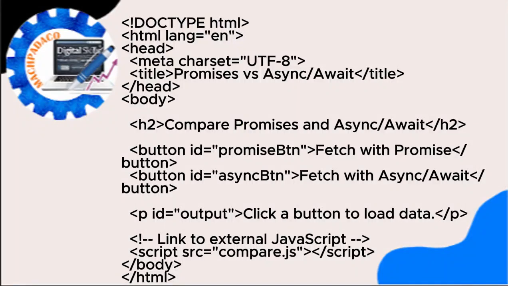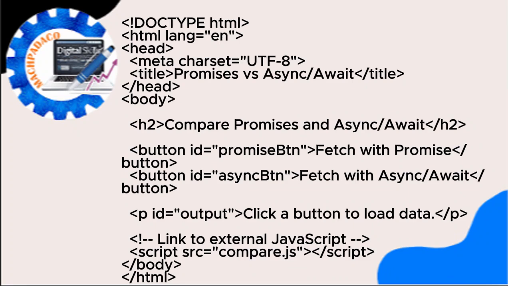As you can see on the screen, this is our HTML code. Kindly study it carefully and take note of each line of code. So let's move to our coding environment proper.